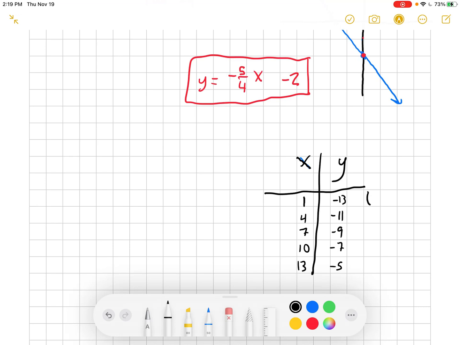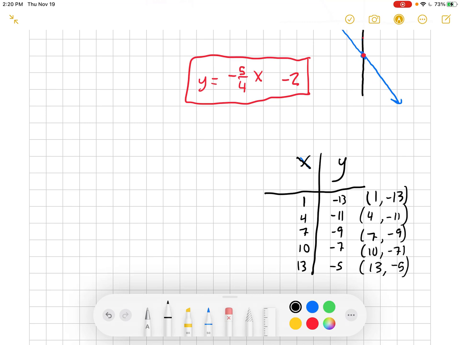So first, just recall that we could rewrite these points like this. 1, -13, 4, -11, 7, -9, 10, -7, 13, -5, and so on and so forth. All right?